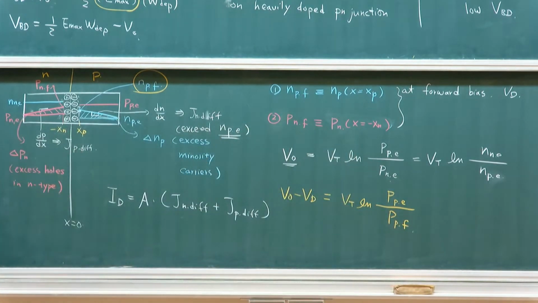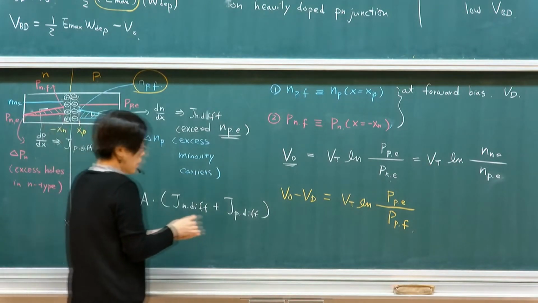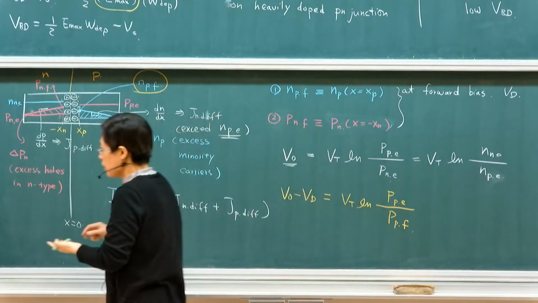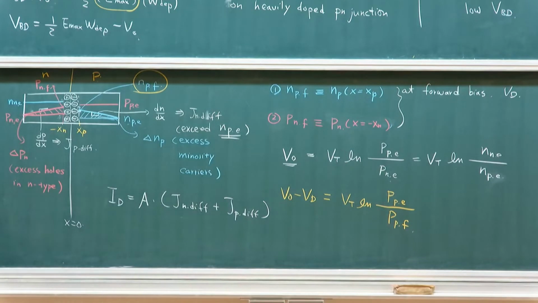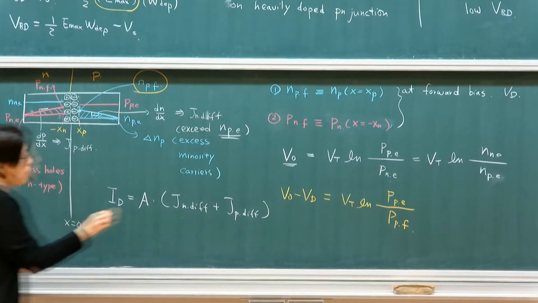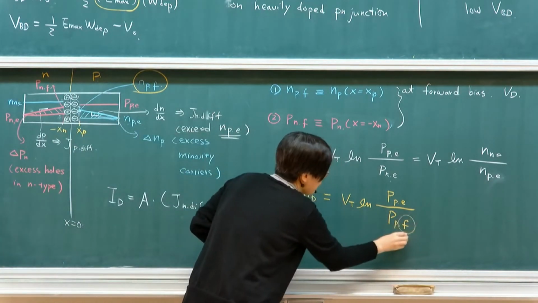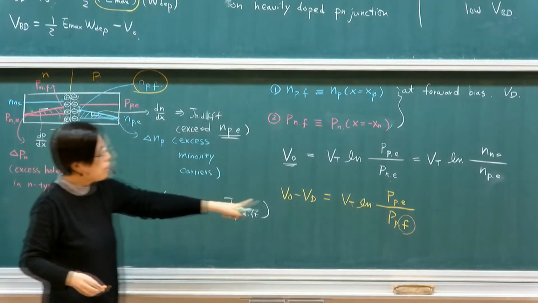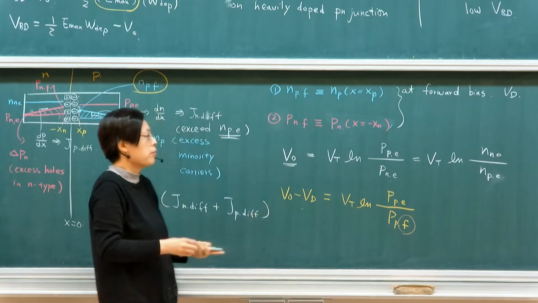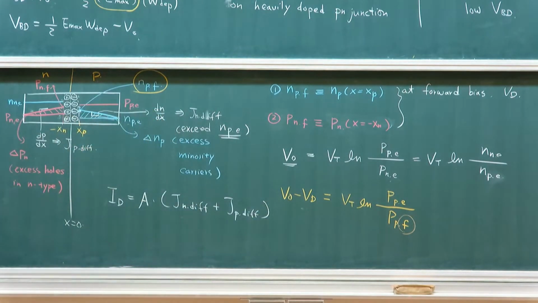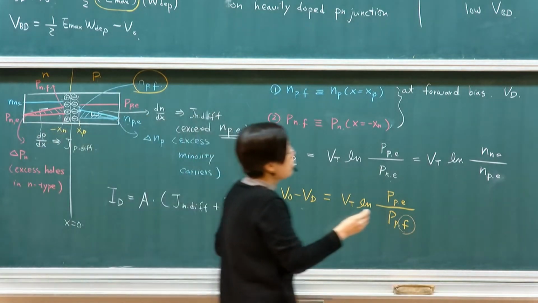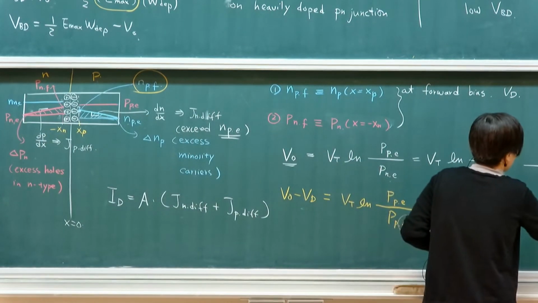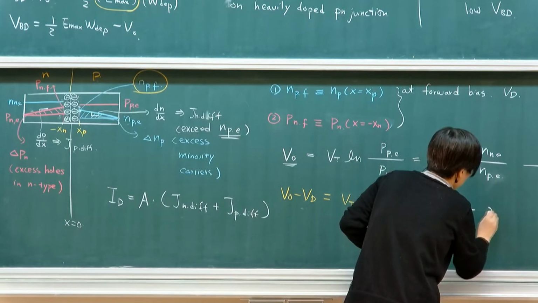I want to highlight this point again: because I'm forward biasing, how much it is raised would depend on the forward bias voltage applied. So this will be my equation 1. This is my base. This will be my equation 2.